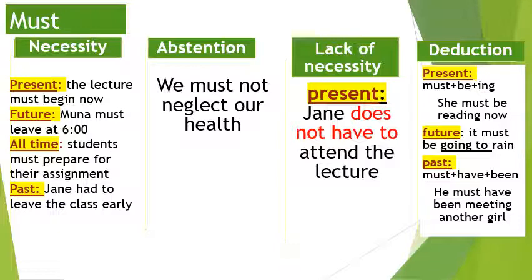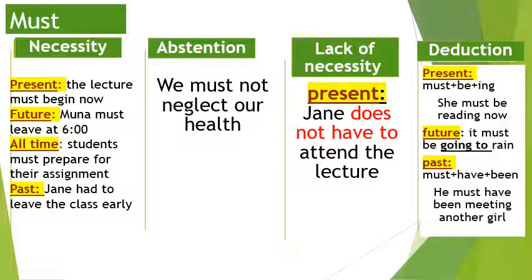Here we are expressing what is necessarily to be done. In necessity we have four types: present necessity, future necessity, all-time necessity, which applies at any time, just like the nature of human beings or a scientific fact, and next the past necessity.